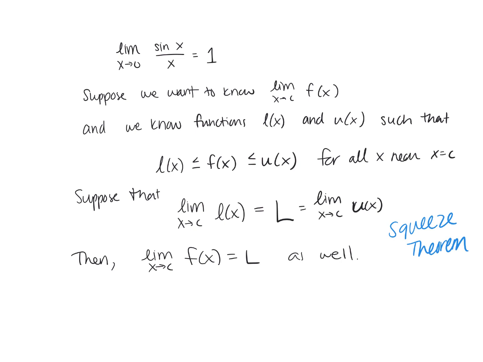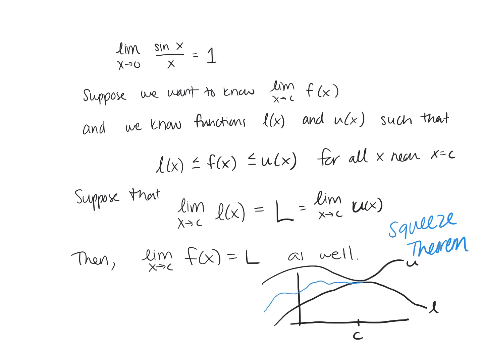And it's best to understand what's going on with a picture. So let's say we have a graph. We have some point c. And we have some function u up here, and we have some function L here. And f, we don't exactly know what's going on with f, except we know that it's always in between here.